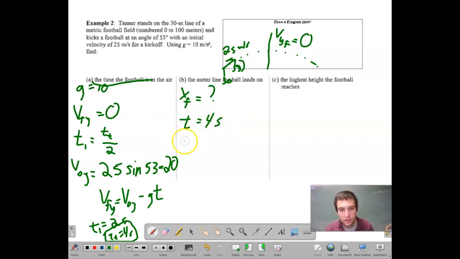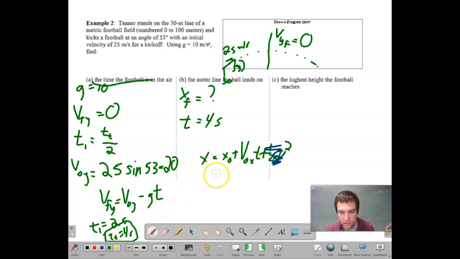That's useful. If we're looking for our final position, we can use the displacement equation, which is x equals x naught plus v naught x t plus 1/2 a t squared. What's our acceleration in the x direction? 0. So there's our equation.